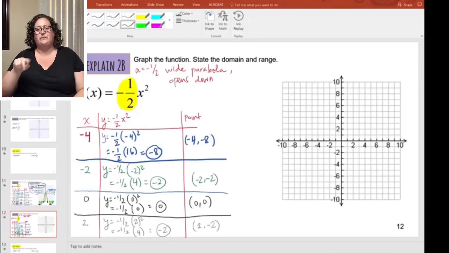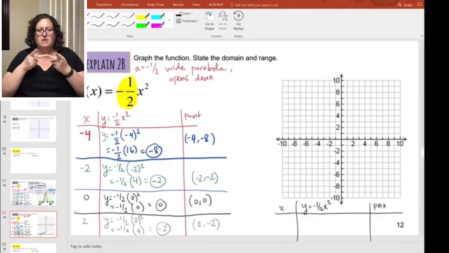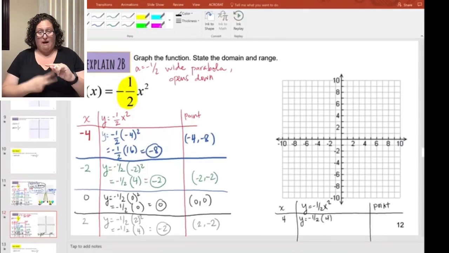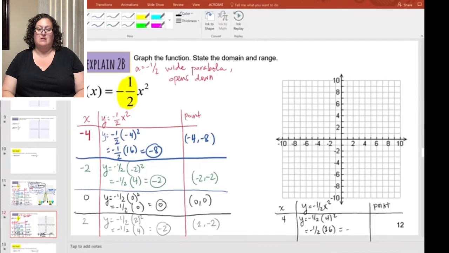I ran out of room, so I'll continue my table on the right side. So when x equals 4, y equals negative 1/2 times 4 squared. 4 squared is 16, and negative 1/2 times 16 is negative 8. So our fifth point is at 4 comma negative 8.